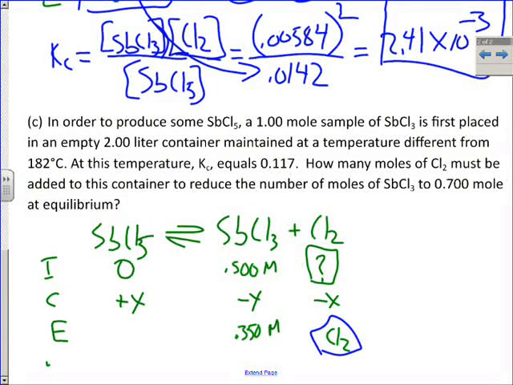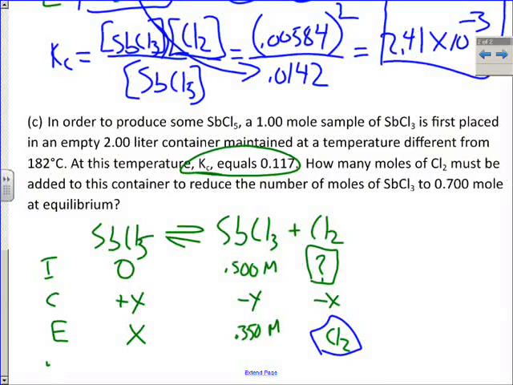Now, they also tell us in this problem, actually, so that's got to be X. And what we know in this problem is that, where is it at? Right there.